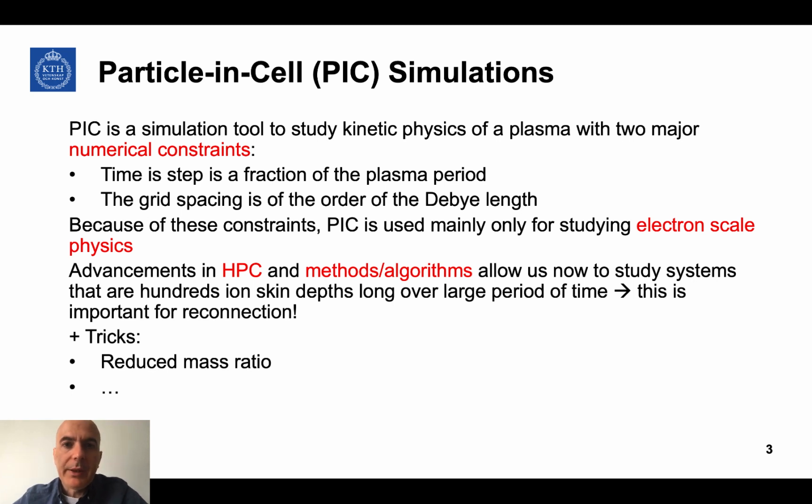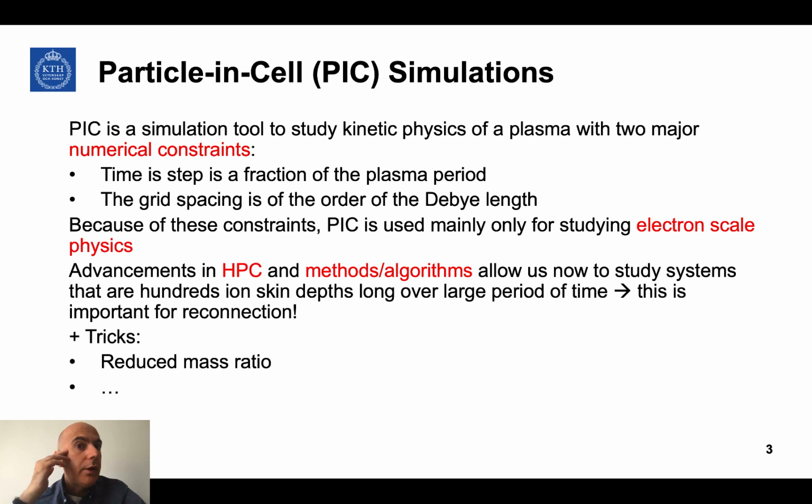However, advancement in high performance computing and in algorithmic methods now allows us to study systems on the ion scale. So the simulation can be ion scale and run over a large time period. This is particularly important when we simulate magnetic reconnection.